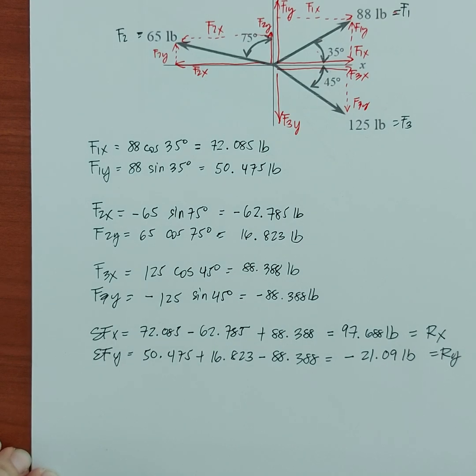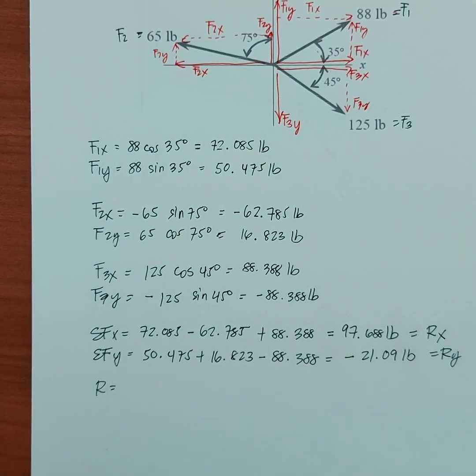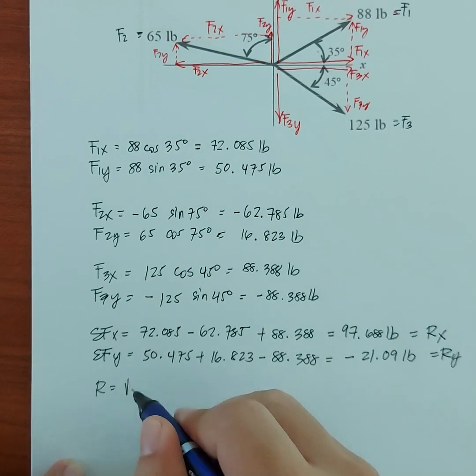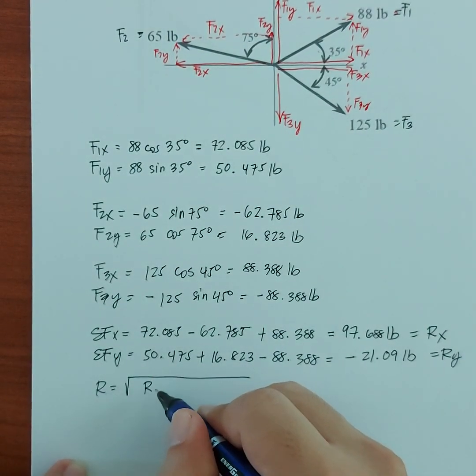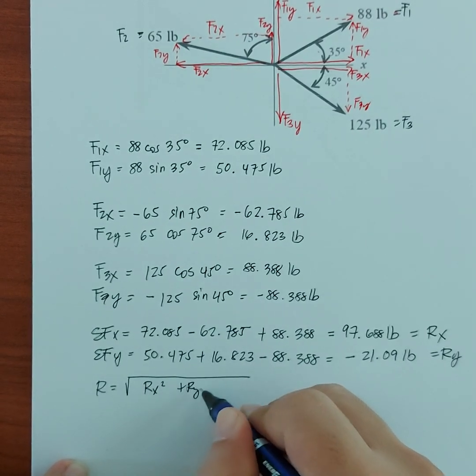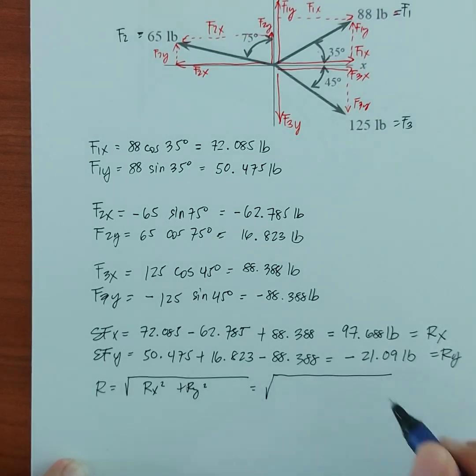Now, how do you solve for the resultant? So, yung resultant force natin is simply equal to, so given na yung, di ba, right triangle tayo, Rx tsaka Ry. Solve natin yung resultant, the hypotenuse. So that is simply equal to the square root of the quantity Rx squared plus Ry squared.